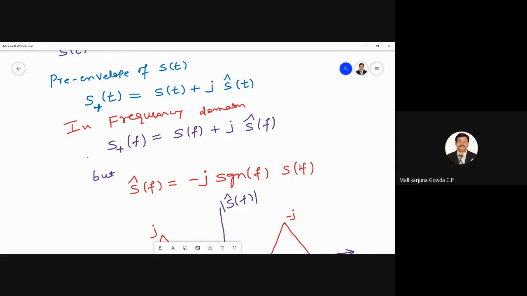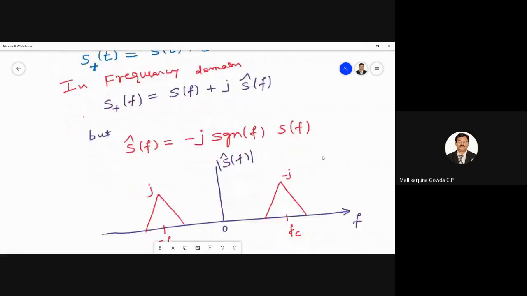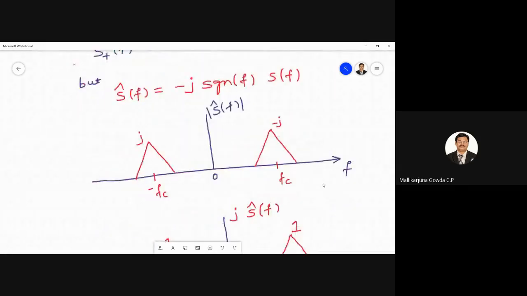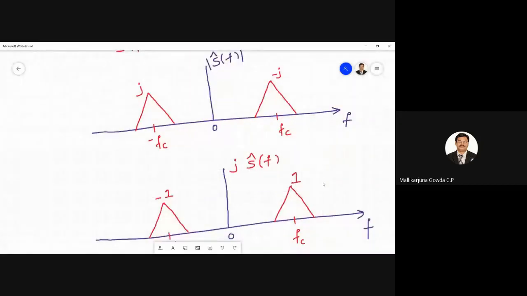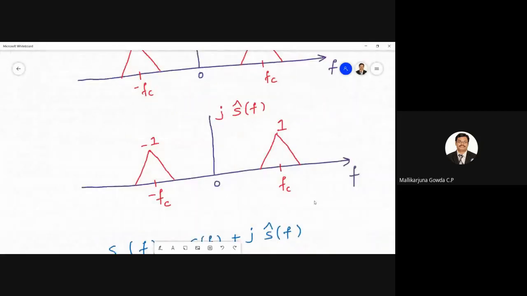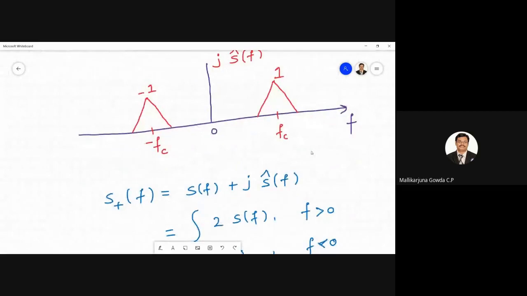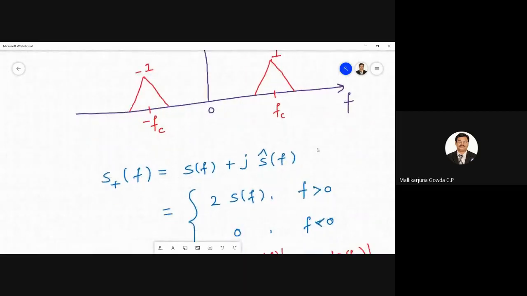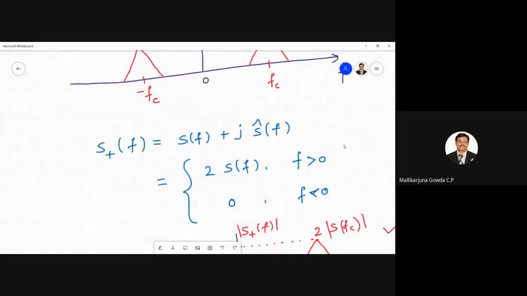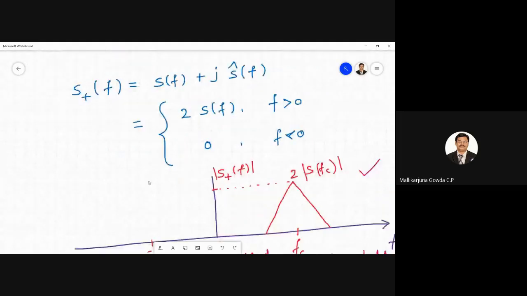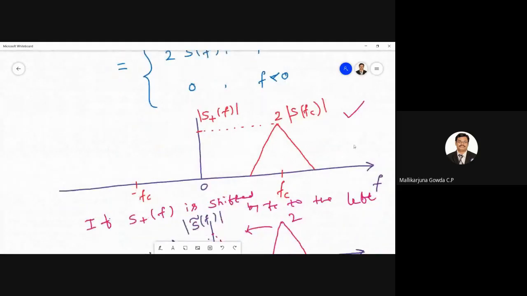After getting that, I shifted the pre-envelope of the bandpass signal by minus fc, by using the frequency shift property. So I could get the complex envelope of the bandpass signal. Hope this is fine.